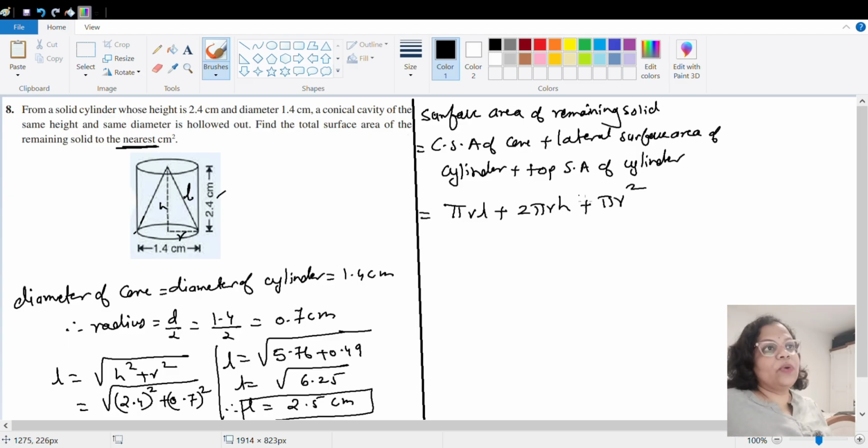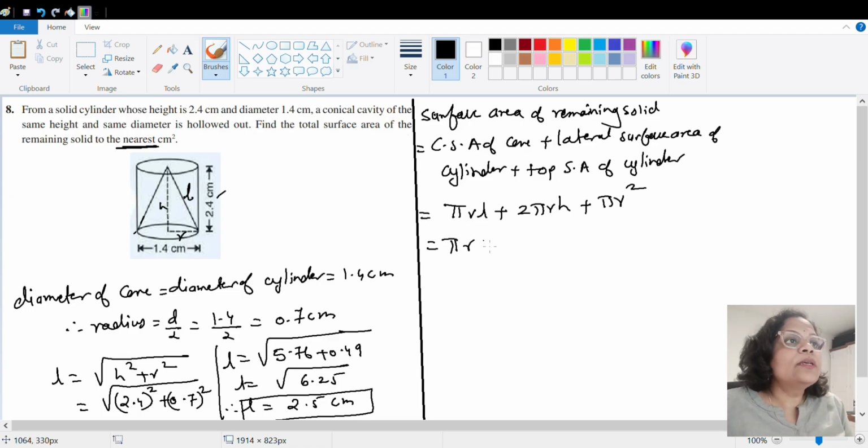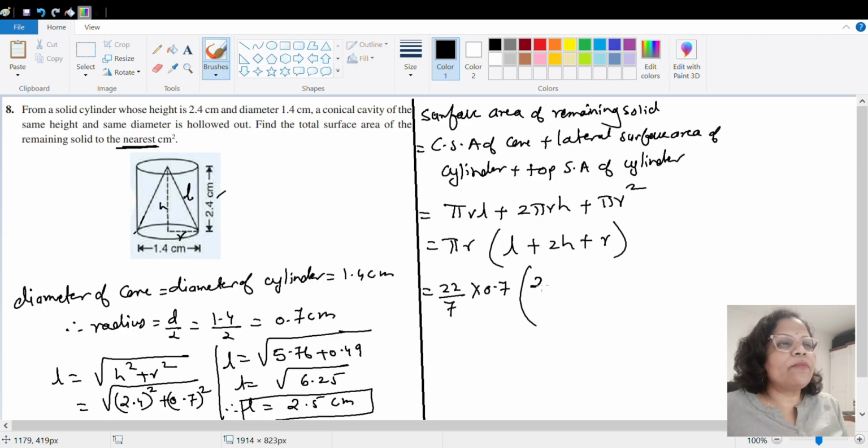Okay, so now you can see here pi r you can take out as common. So this becomes l plus 2h plus r will remain inside. This is 22 by 7. Your r is 0.7. l we have got as 2.5 plus 2 into h, that is the height, we have 2.4 plus r is again 0.7.